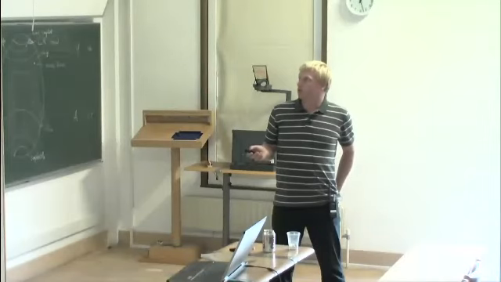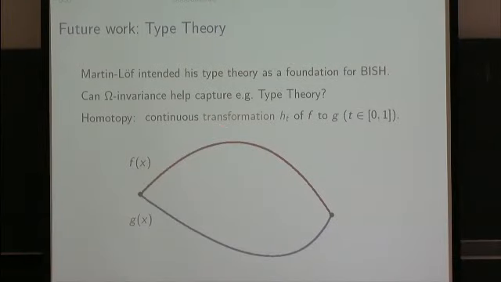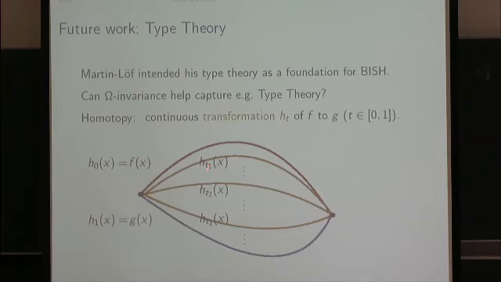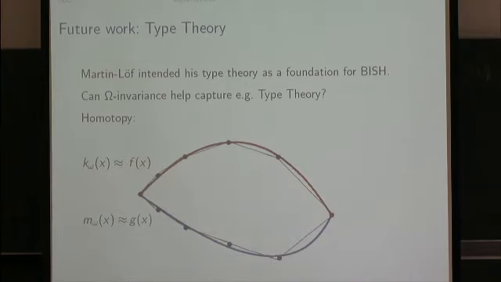And homotopy is a continuous transformation of one function into the next. Now, with my non-standard glasses, I see not continuous functions, but broken chain approximations. You just take an infinite number, omega, and using that you can build some broken chain that approximates f of x and g of x up to infinitesimals.